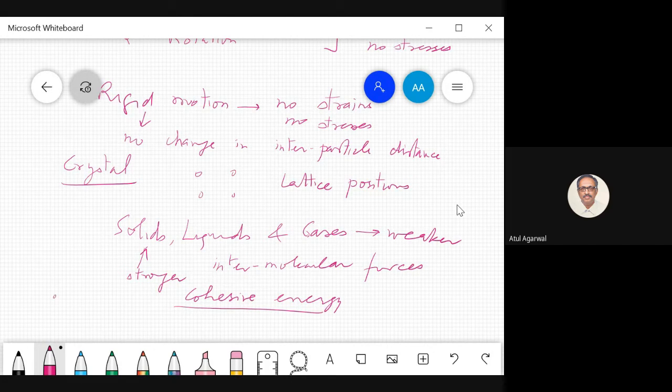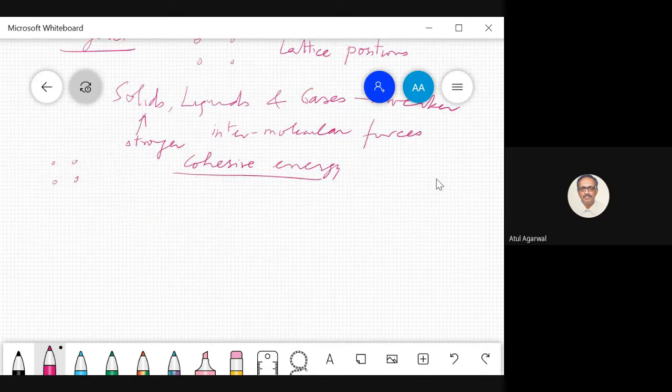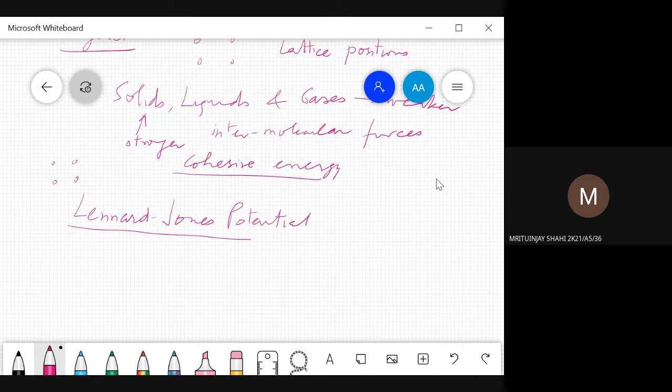If you take a crystal, for example, first I would like to talk about the Lennard-Jones potential. Have you heard of it? Anybody? No, sir. Okay.